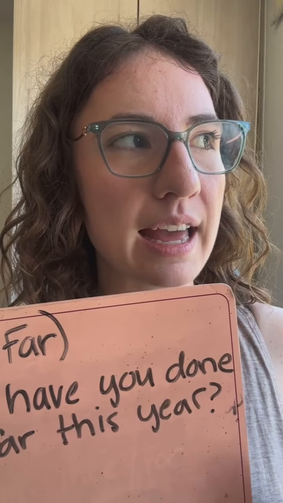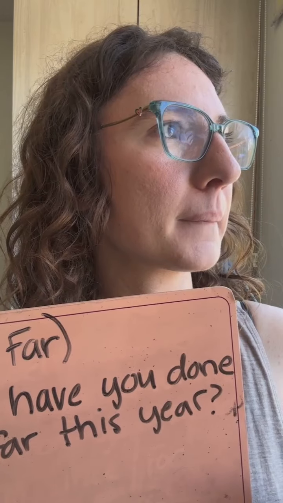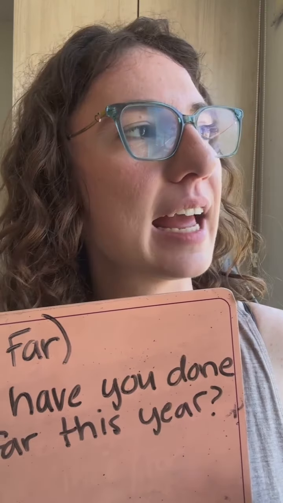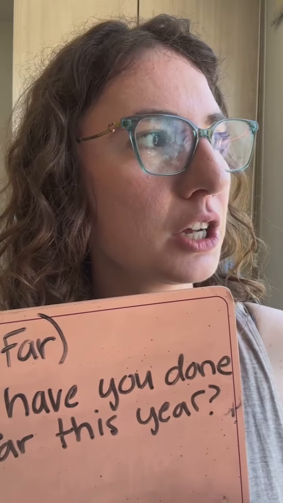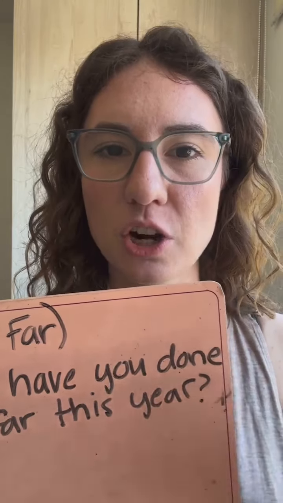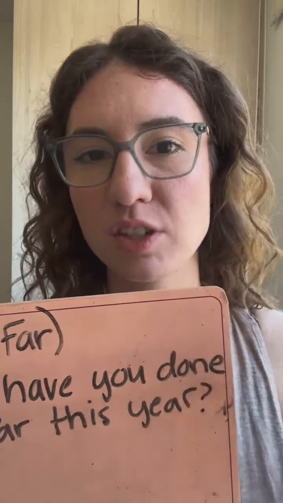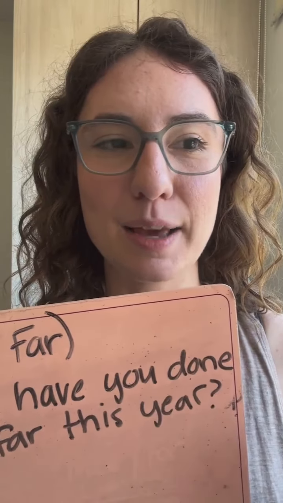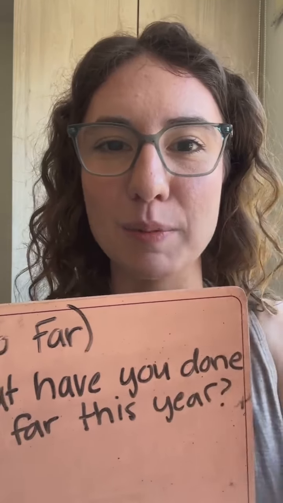For example, I could say I started a new diet, or I have started a new diet. That means just that I began to use this new diet. But if I say I've been starting a new diet, this is like maybe every day I make a small change.